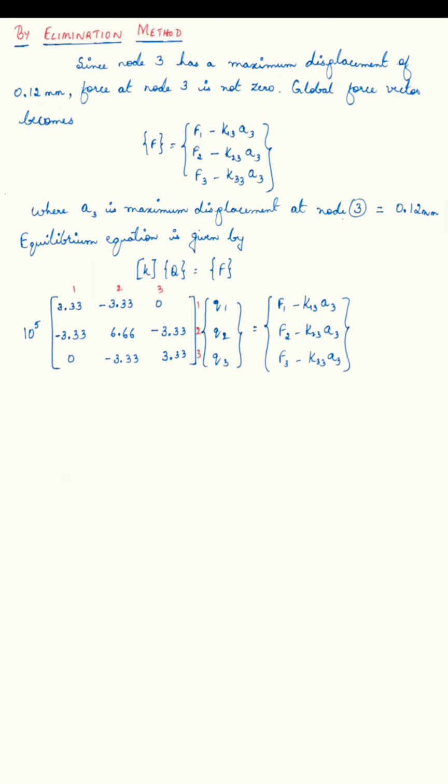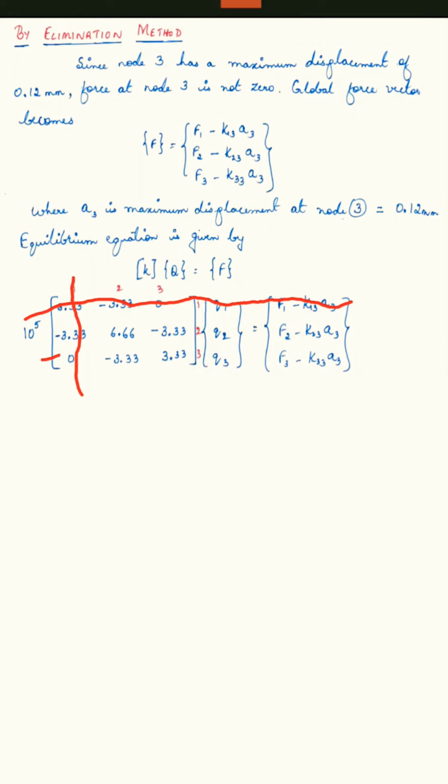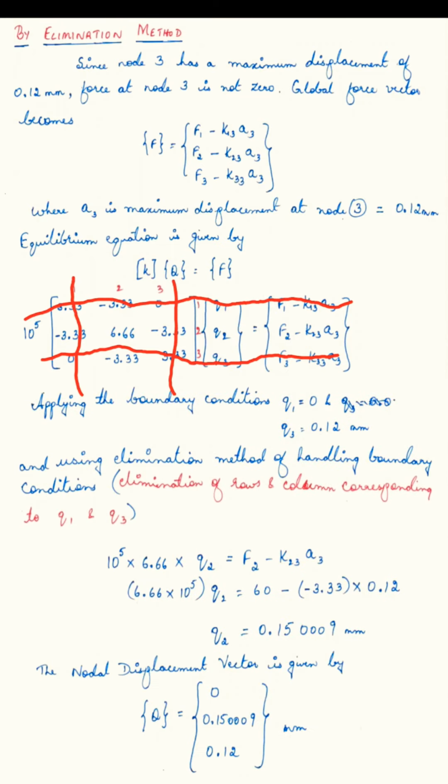So eliminating the row corresponding to q1 and the first column, and also eliminating the row corresponding to q3 and also the third column in the stiffness matrix, we obtain the equation as 10 to the power of 5 into 6.66 multiplied by q2 will be equal to f2 minus k23 a3.